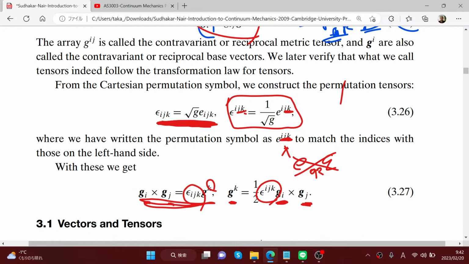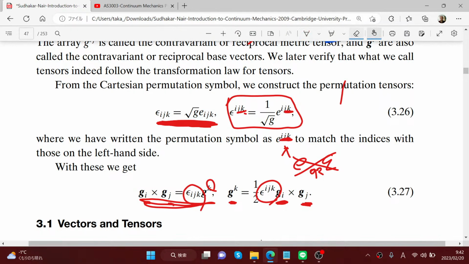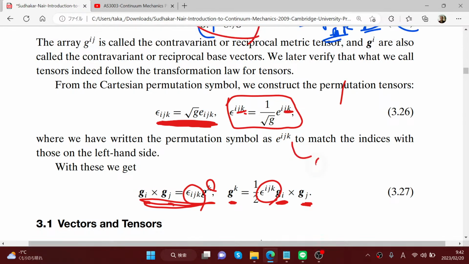Permutation symbols as this, or epsilon ijk, to match the indices with those on the left-hand side. Left-hand side. I think it's the right-hand side.